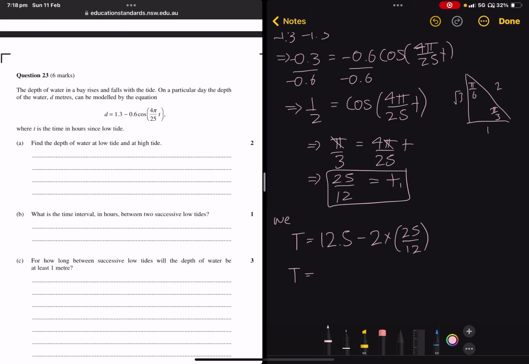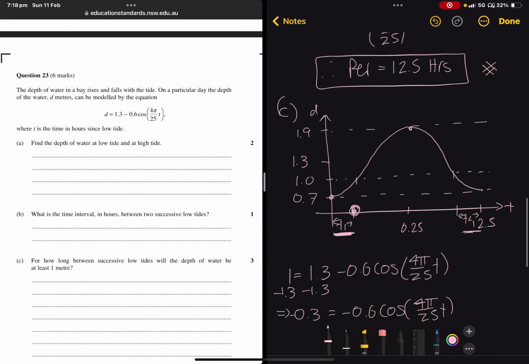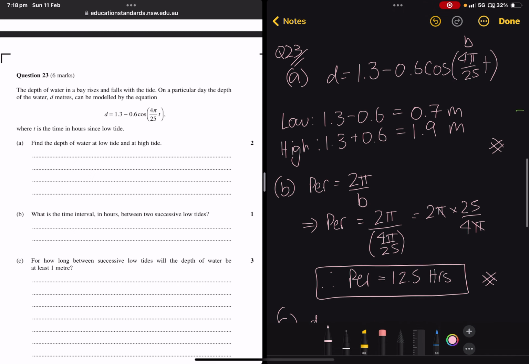So we find that the time in question is 8 1/3, and this is in hours. And so this is the number of hours for which the tide is 1 meter or above. And all we had to do was solve one trig equation if we did it this way. This was tremendously convenient.